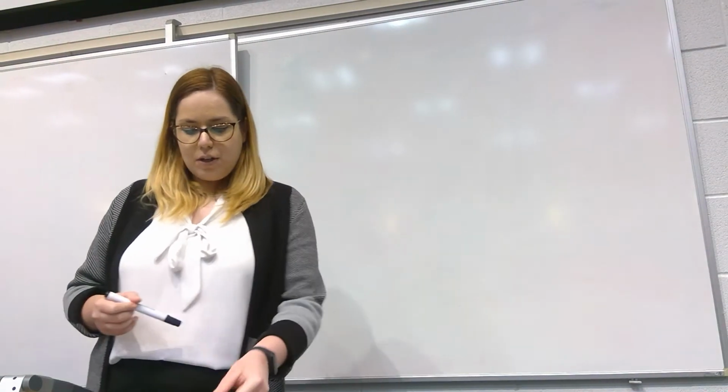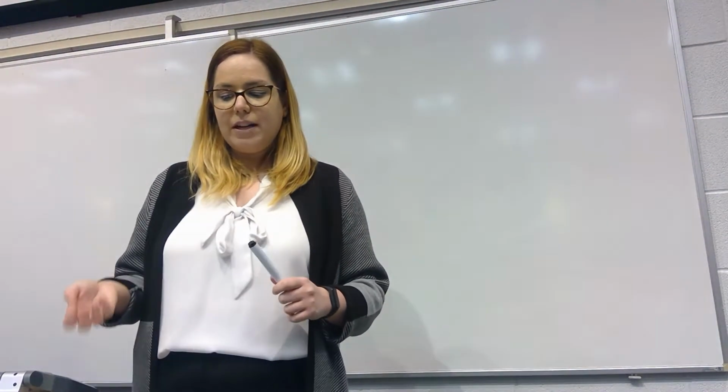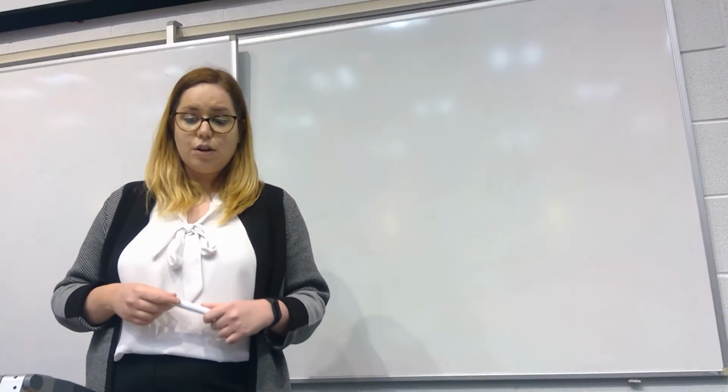The correct answer here is answer C, the natural rate of unemployment. Question number 20, the natural rate of unemployment is the level of unemployment at the full employment level, so the correct answer would be answer C.